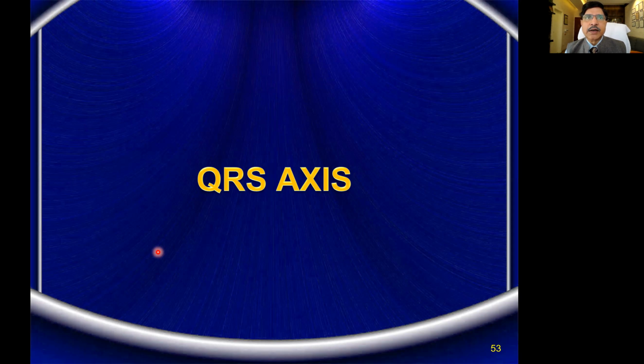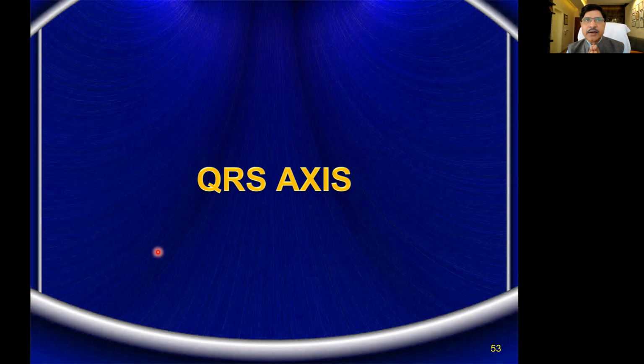And third, the right atrium and left atrium are posterior, and the apex is anterior. So the current is going from posterior to anterior. You understand? So the direction of the current is leftward, downward, and anterior.